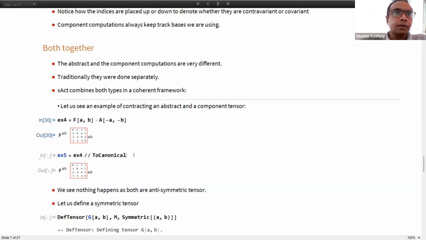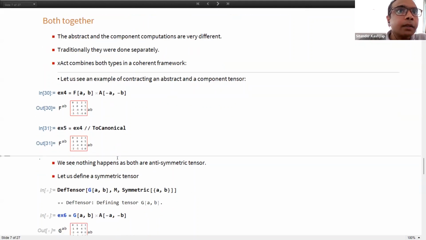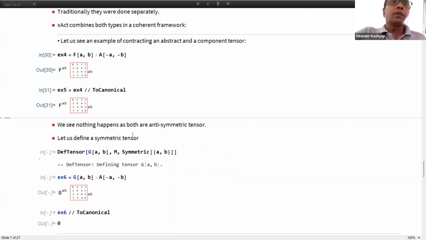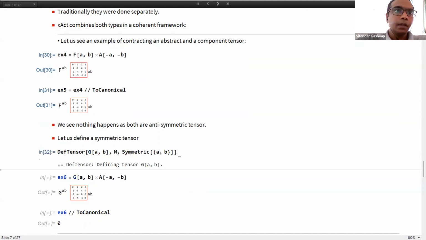Okay, it does nothing yet. So next, what we do is we define a tensor G which is symmetric in A and B indices and defined on the manifold M. And now what we do is we define a quantity GAB and AAB.